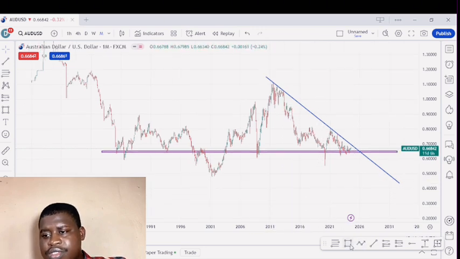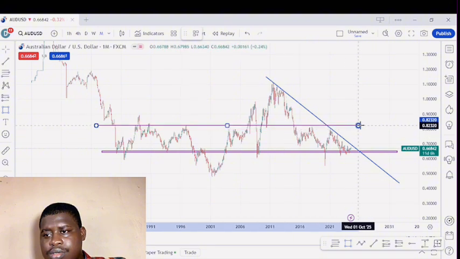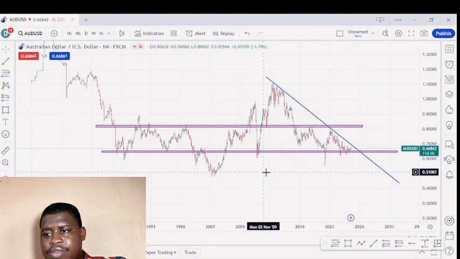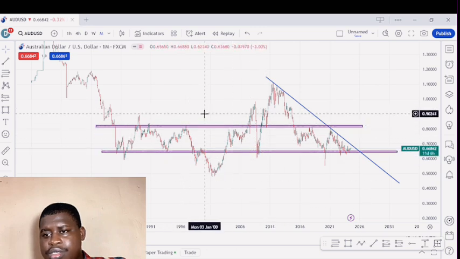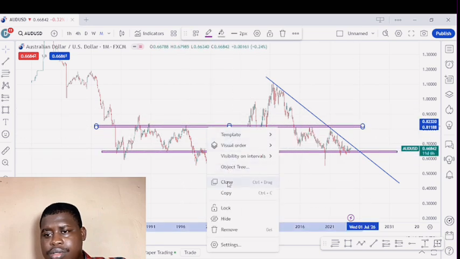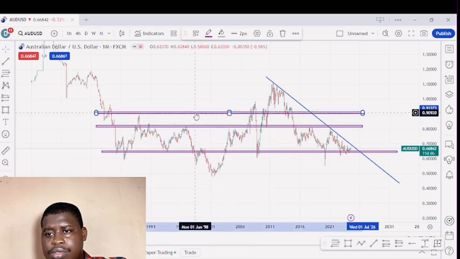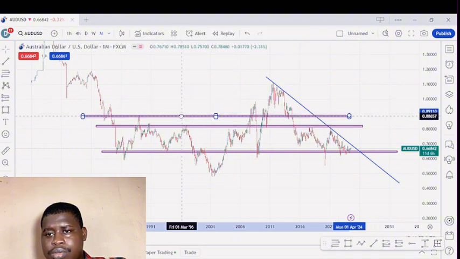The overall trend is bearish. This is another level here.